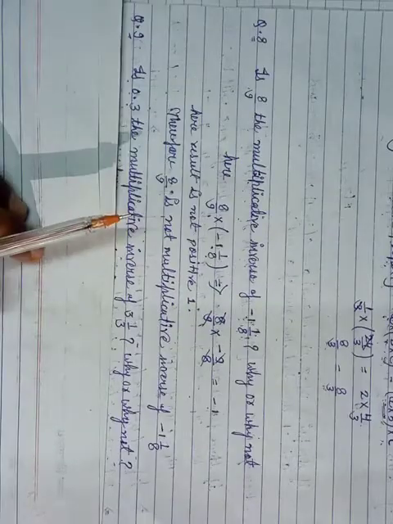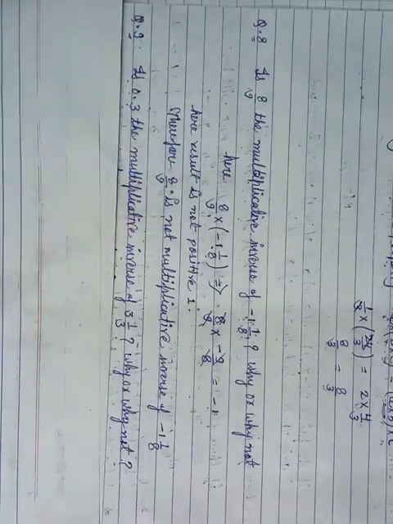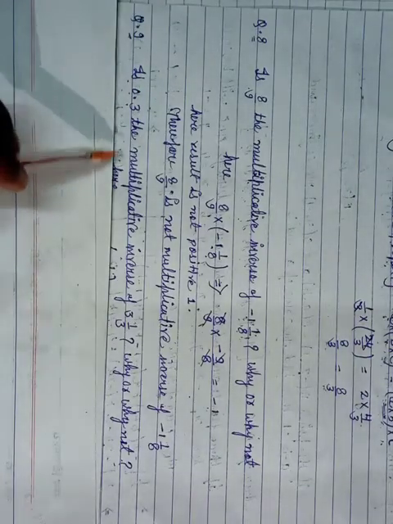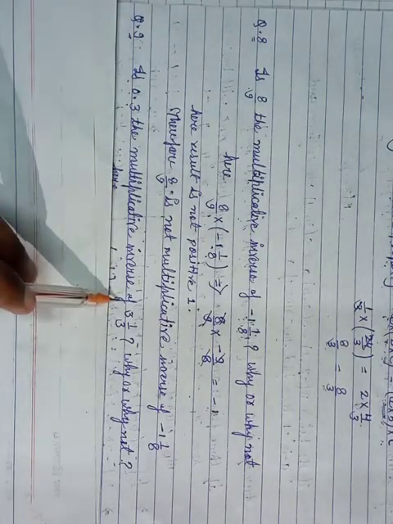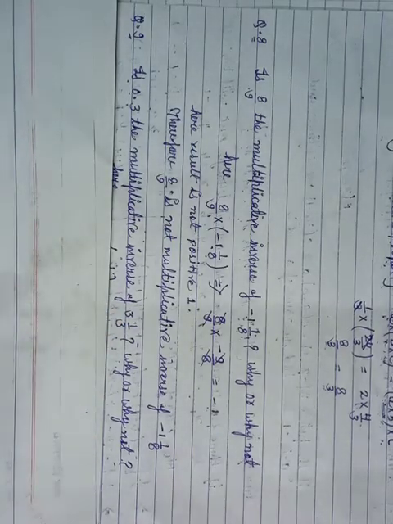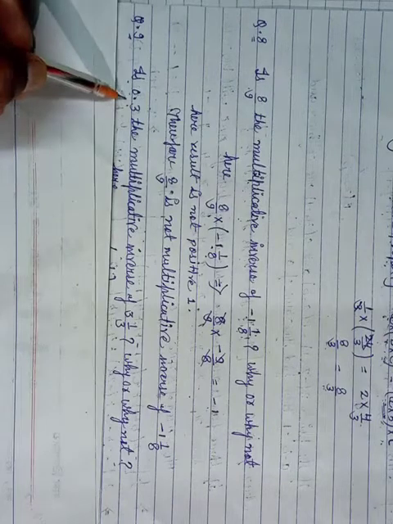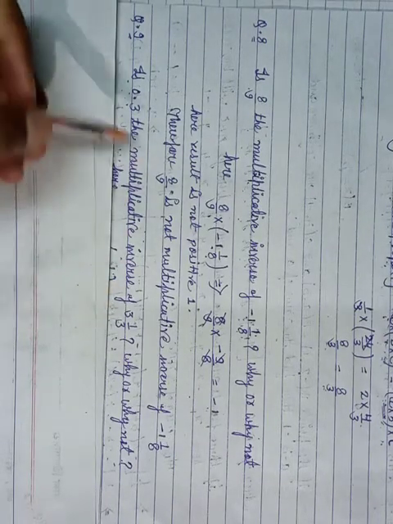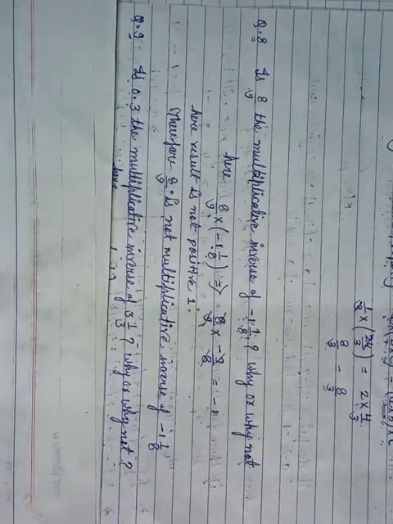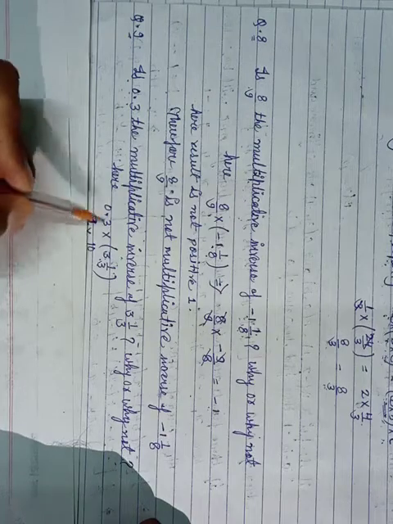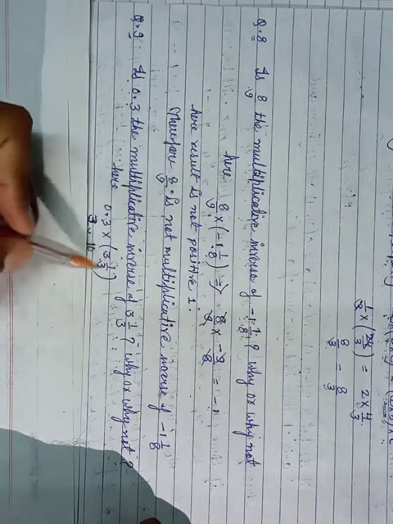Now we will solve question number 9. Is 0.3 the multiplicative inverse of 3 whole 1/3? Why or why not? If 0.3 is the multiplicative inverse of the given number, then after multiplying both numbers we get plus 1. So here 0.3 multiplied by 3 whole 1/3.